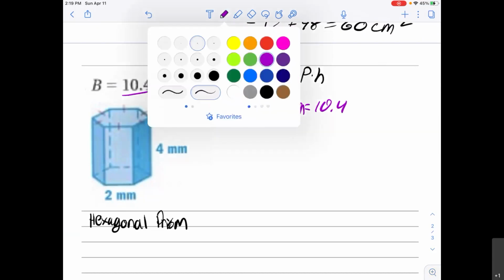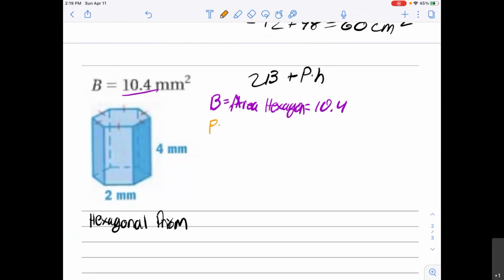Okay. What about then the perimeter? How would we go about finding that? It tells us that this side is 2, which means this side is 2. But if we see all these little lines here, that means that all of these sides are also 2.